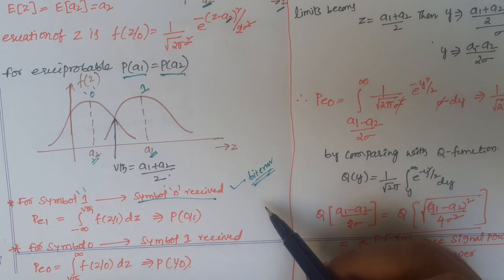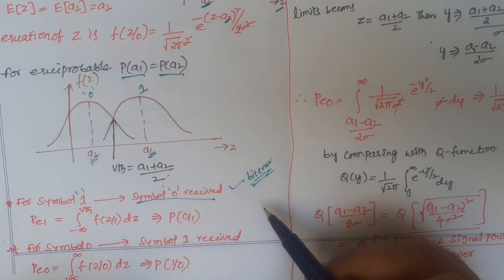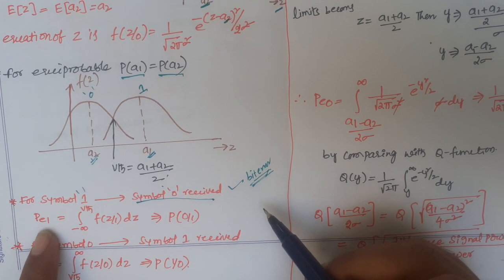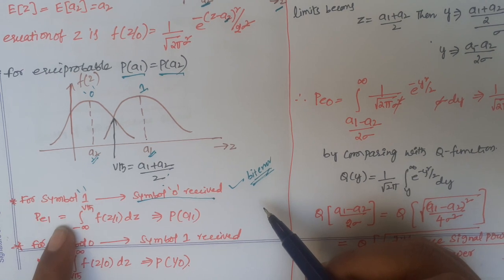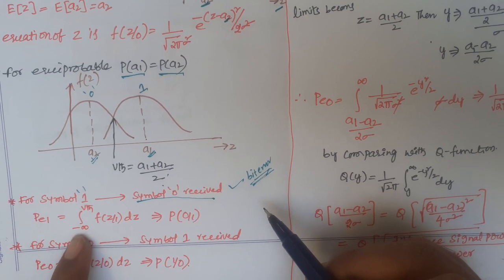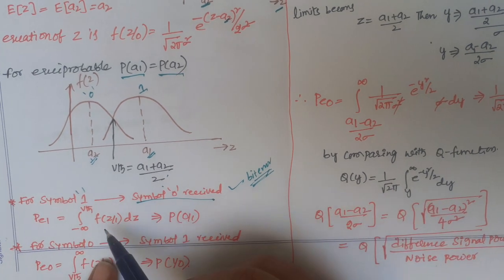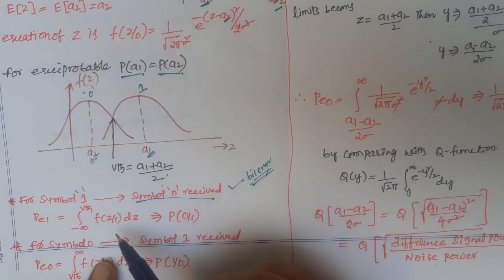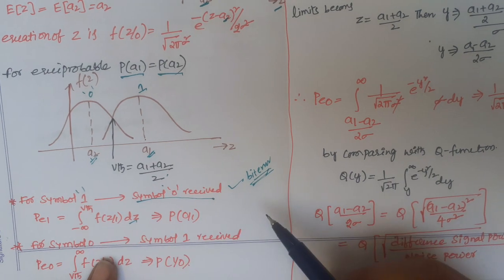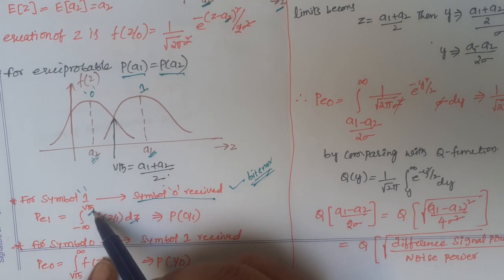So here I want to find the probability of error for bit 1, which will be represented by the integral from minus infinity to Vth of f of z given 1 dz, where Vth is the threshold voltage.